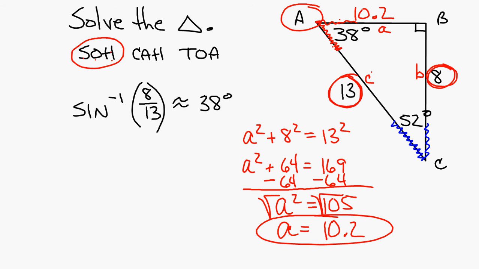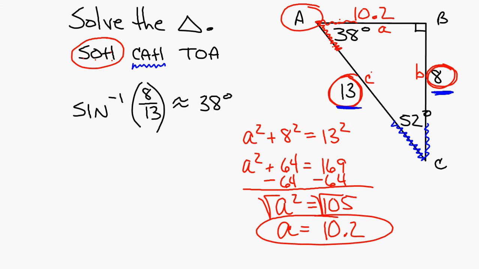So if you're given adjacent and hypotenuse, you would have used cosine. It's all a matter of which angle you choose, and then what are the relationships of the sides that are given. If you're working with opposite and adjacent, you would use tan. Okay?